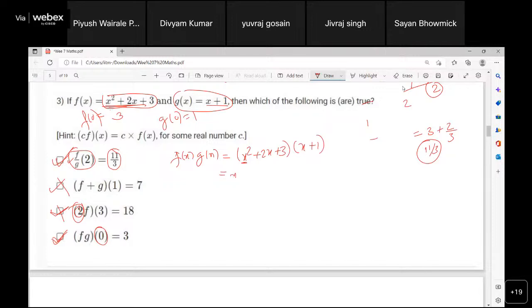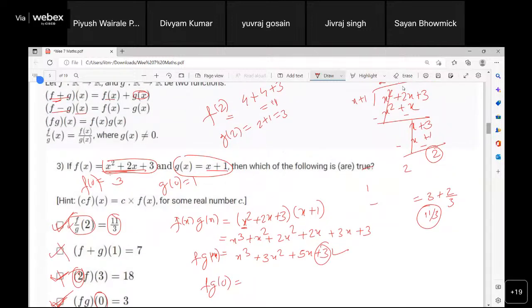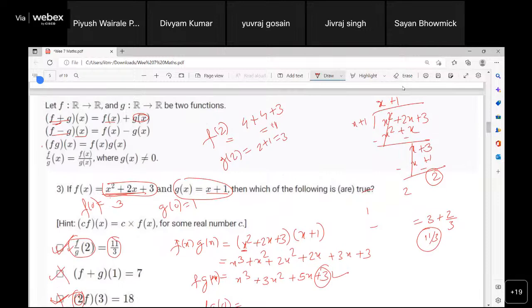That is x cube plus x square, plus 2x square plus 2x, plus 3x plus 3. Now add the coefficients of the terms having the same degree. That is x cube plus 3x square plus 5x plus 3. So this is f into g of x. Now if I put x equals 0, I will get 3 only, right? So this is the correct one. Anyone any doubt in arithmetic operations like addition, multiplication, division of algebraic expressions?